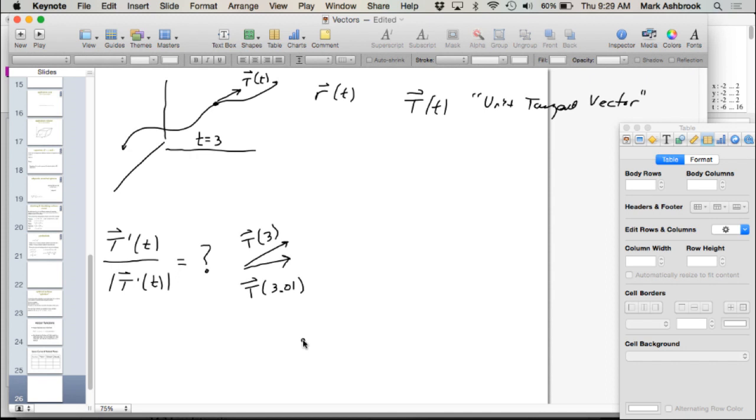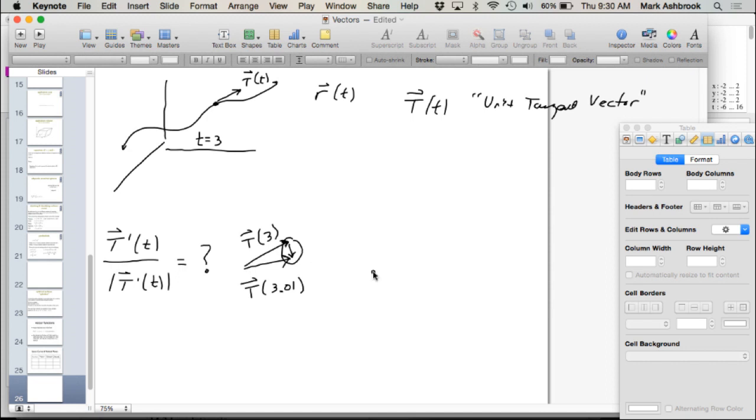So if we're talking about the rate of change, we're talking about how much change between this first vector and the next vector, or the difference, right? It's kind of like this one minus this one per unit of little t. So what vector would that be? It would be like this, right? So if that change in little t was very, very small, do you see that the direction of this would be what? It would be the direction of turning, right?